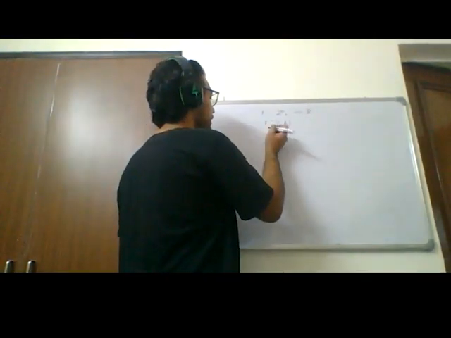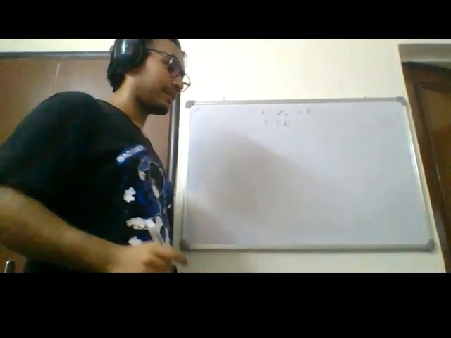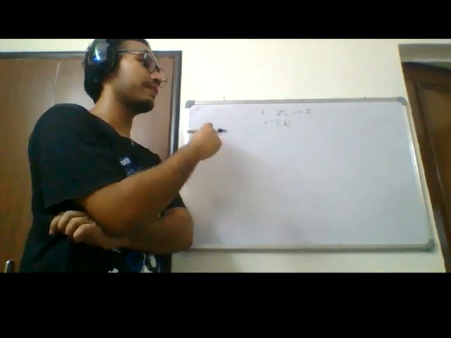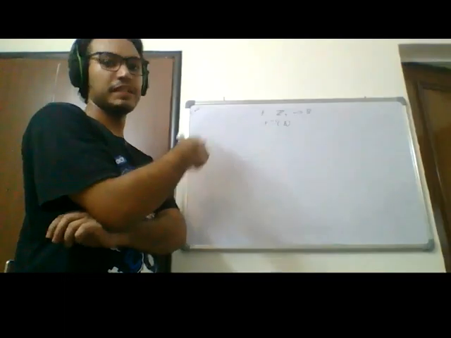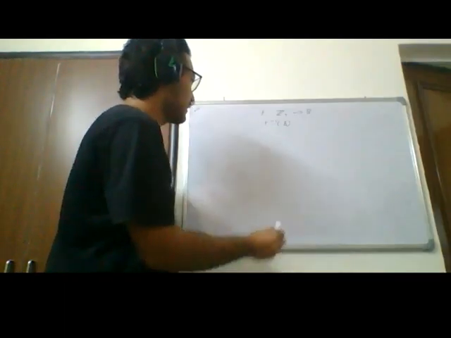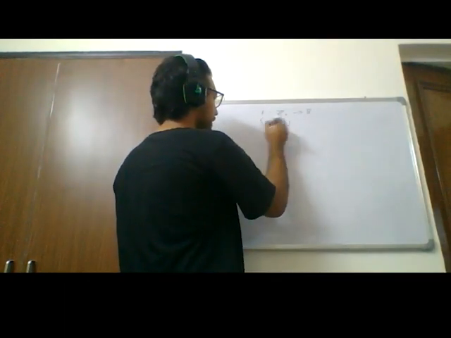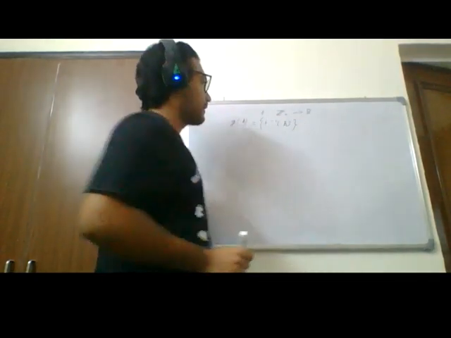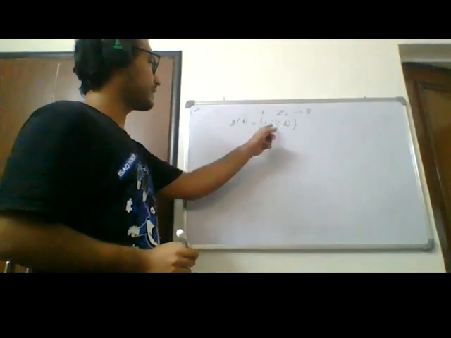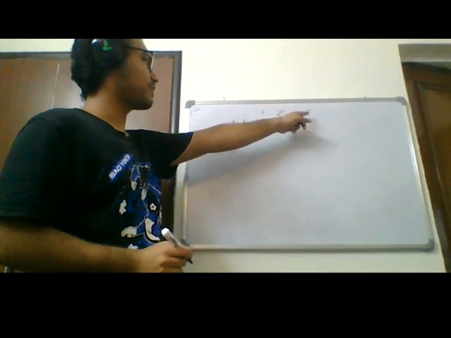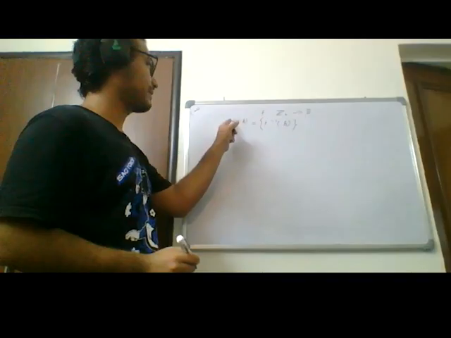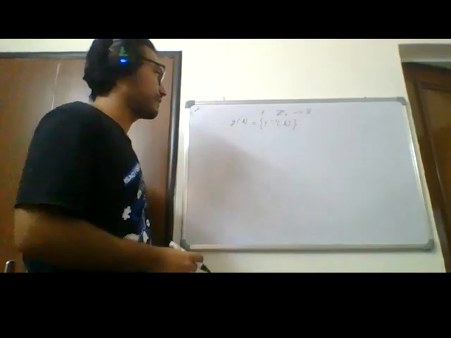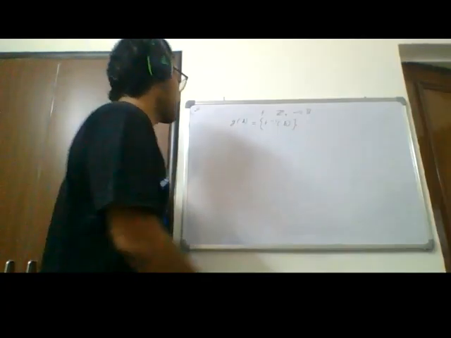Since it's Z plus, by the well-ordering principle we have a least member for any subset. We can take this set's least member and call it g of b, right? Because this is non-empty for all b, we get a member for all b, and it's a unique member because the smallest number is always unique in any ordered set.